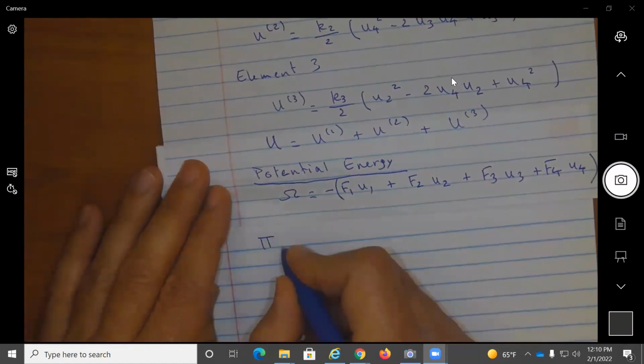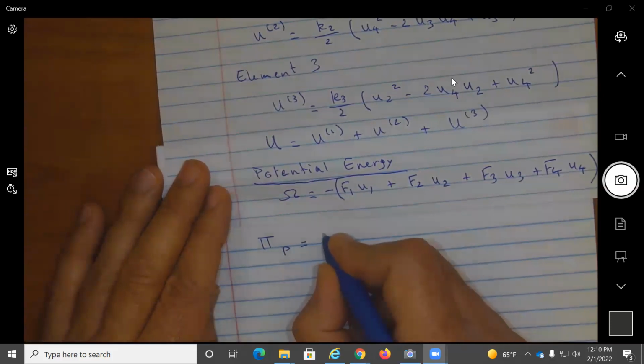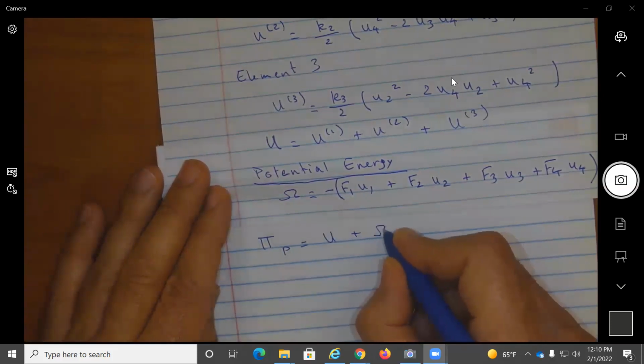Now, total potential energy is equal to U plus omega.